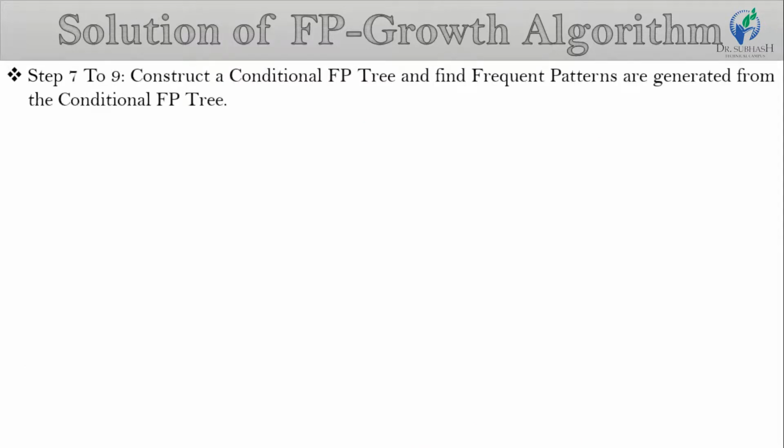Now I explain the combination of steps 7 to 9 to construct a conditional FP tree, and frequent patterns are generated from the conditional FP tree. Now see the final FP tree which includes all the transactions.